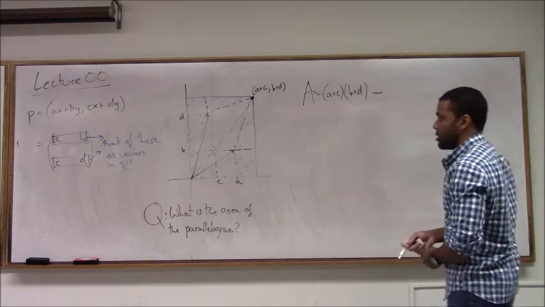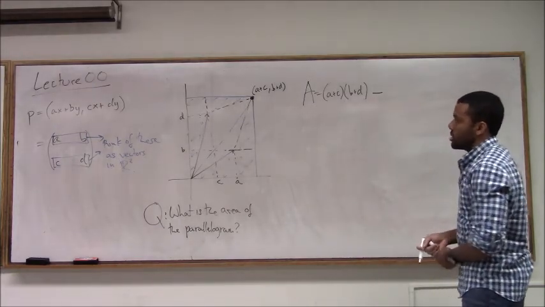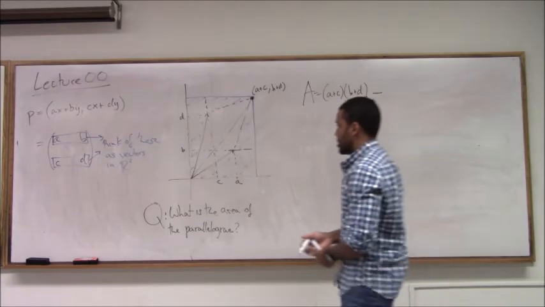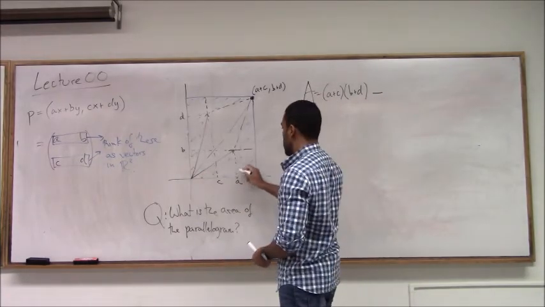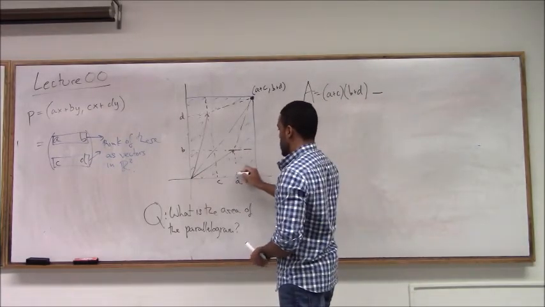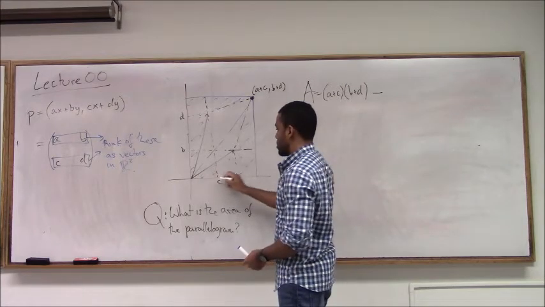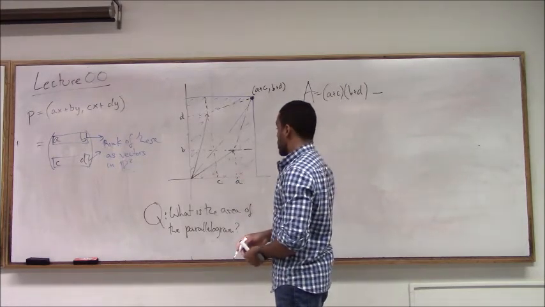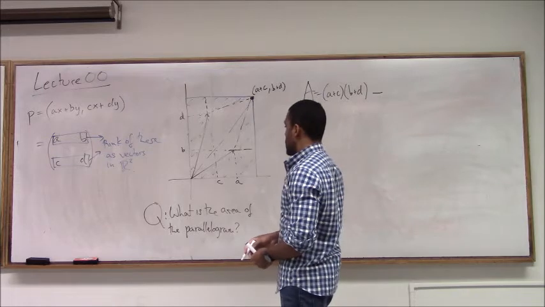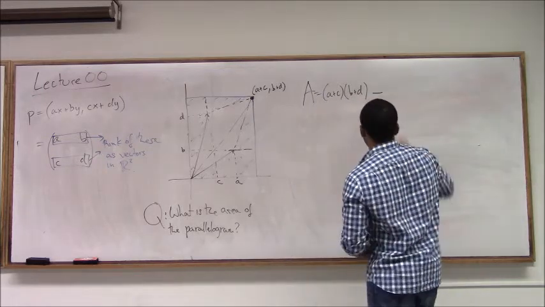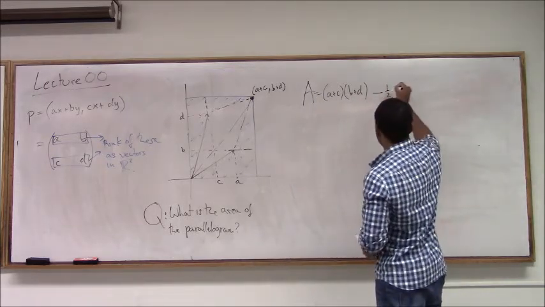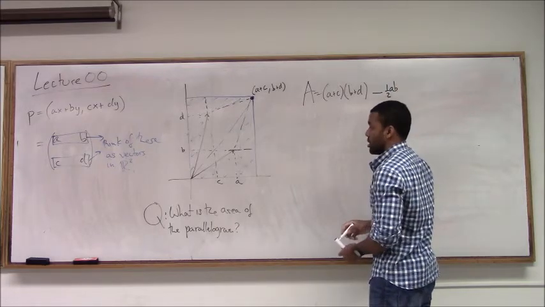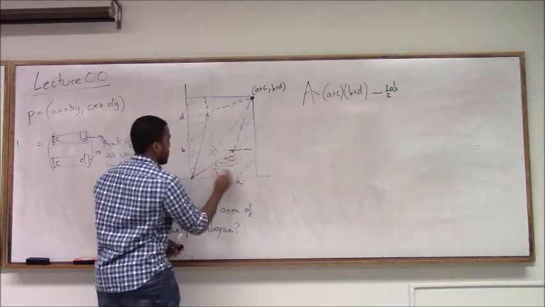What would I subtract now? What about this triangle here? That's a right triangle. Half base times height, so that's half A times B. Okay, so I got rid of this triangle.